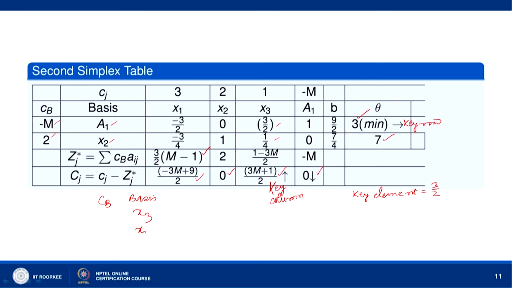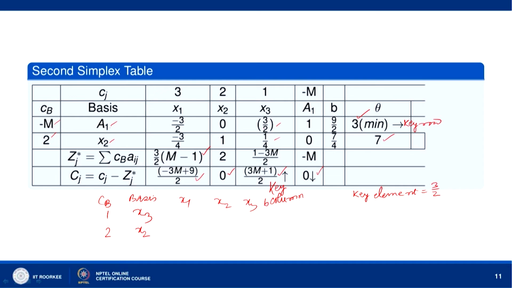So, the coefficient of x3 is 1, the coefficient of x2 is 2, okay. A1 will also be going out, so the A1 column will be deleted, and so we have x1 x2 x3 and b, okay.